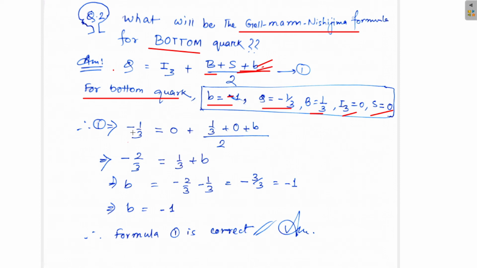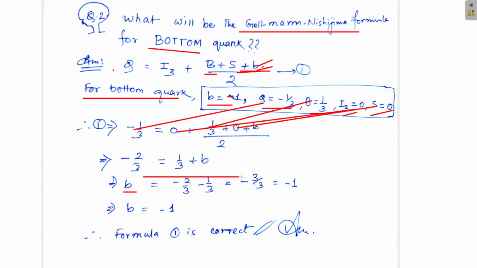Put the value of the charge here, the third component of isospin here, the baryon number here, and the strangeness 0 here. If we simplify this relation, we can calculate the value of B' as -1.